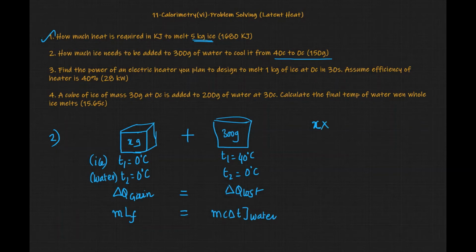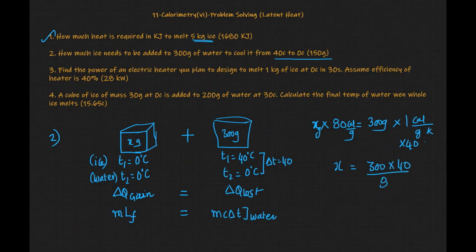X into L for ice is 80 calorie per gram. So that's equal to 300 gram. It's always good to write units, into 1 calorie per gram Kelvin. And here we know that delta T equal to 40, into 40. Or in other words, X would be 300 into 40 by 80 gram. That's 150 grams of ice.